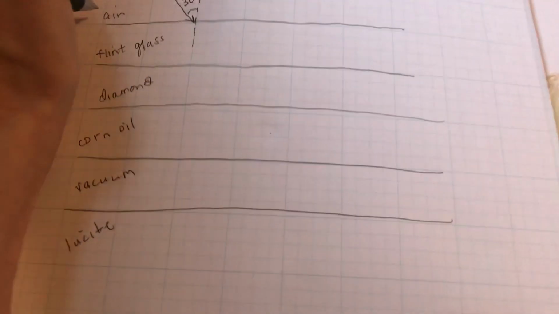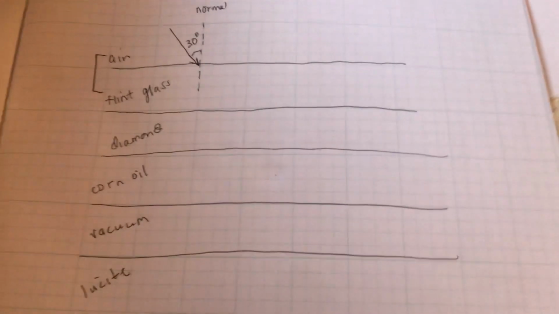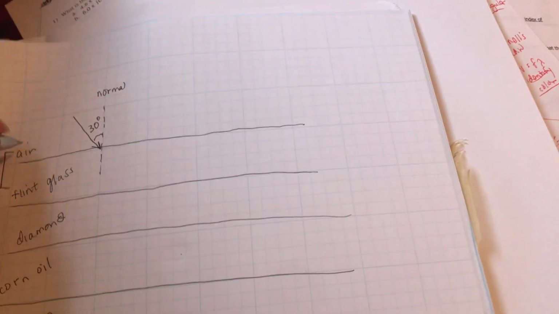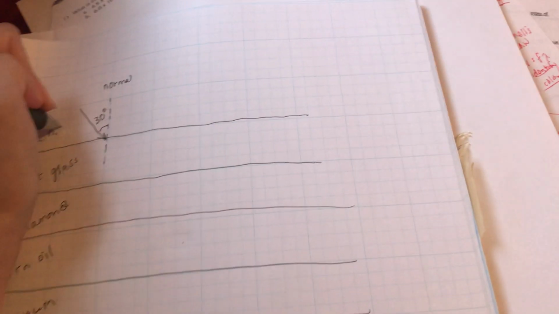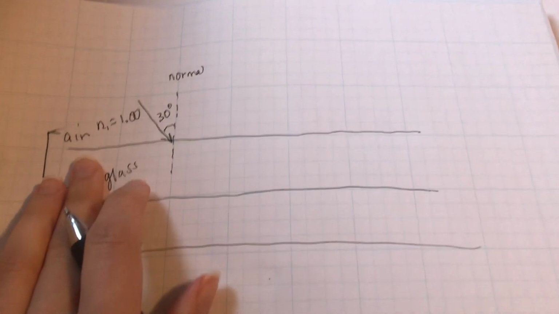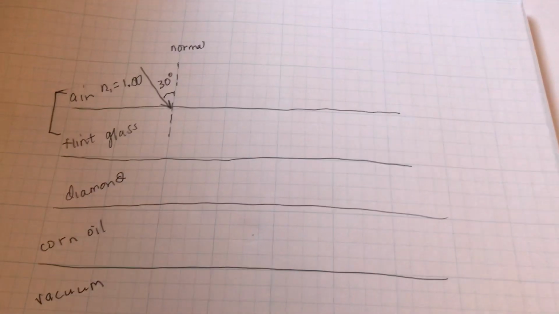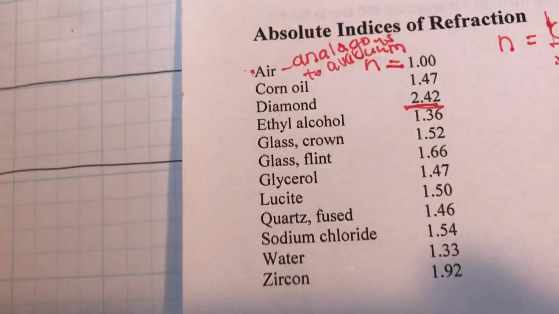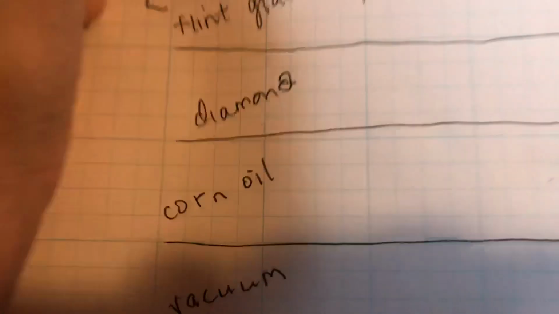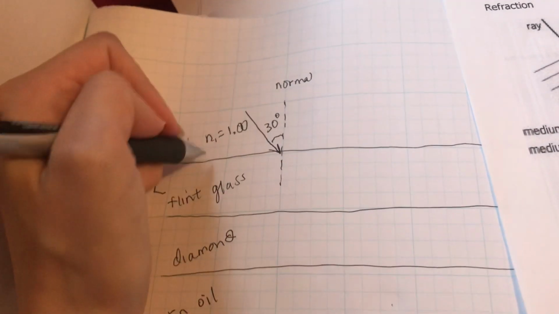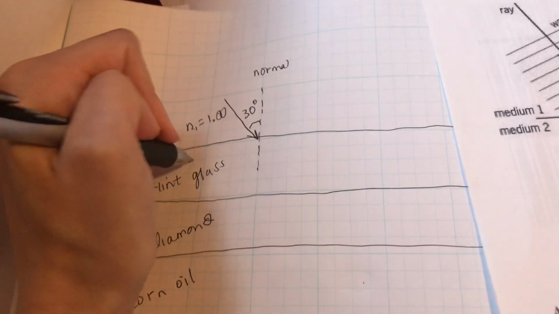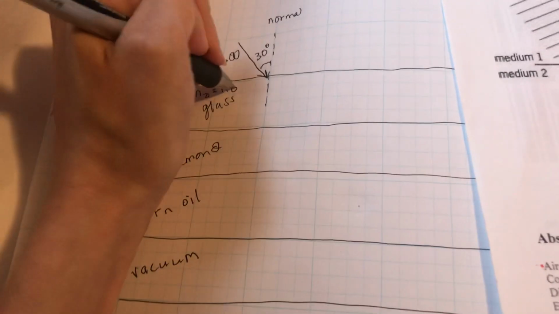The first thing we do is isolate the first two media, and we're going to use Snell's law. This is going to be medium 1, which has an index of refraction of 1, because air is similar to a vacuum. Flint glass has an index of refraction of 1.66, but let me look and be certain about that. Flint glass, 1.66. So n1 is 1 for air, and n2 is 1.66.